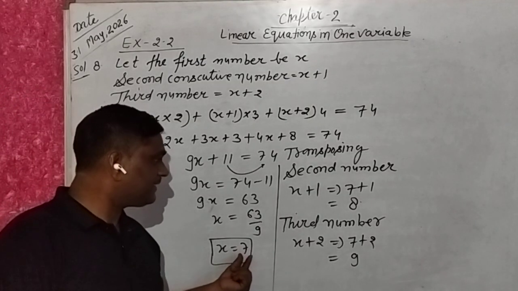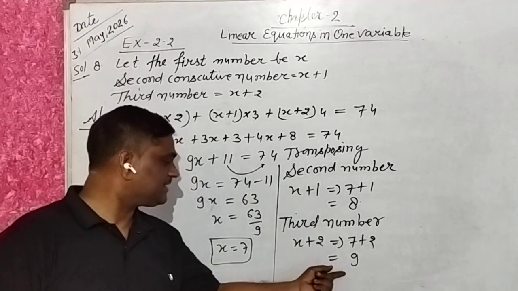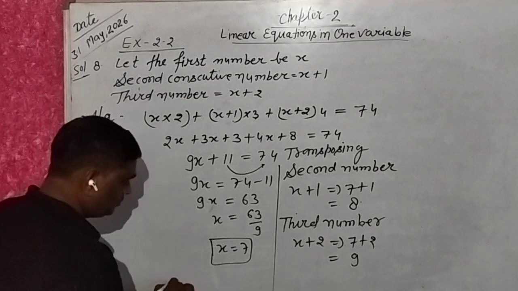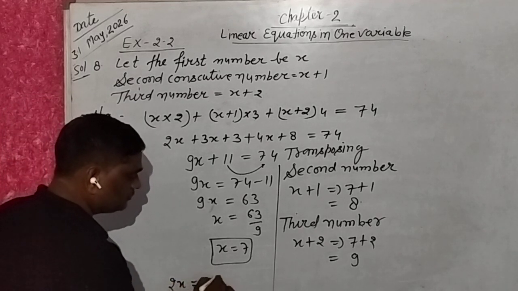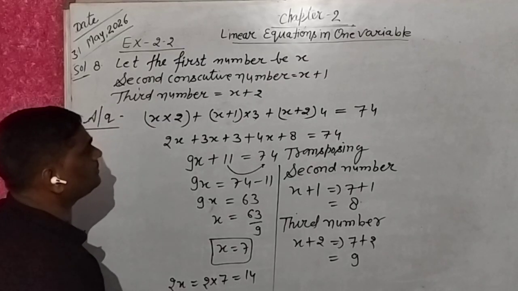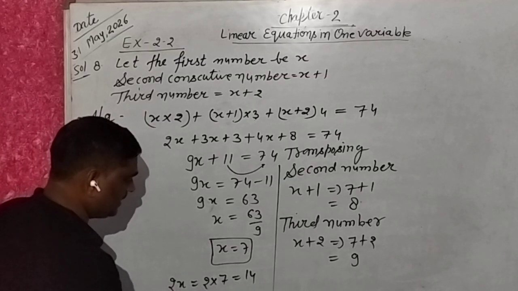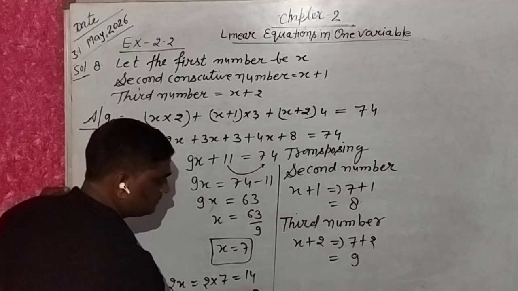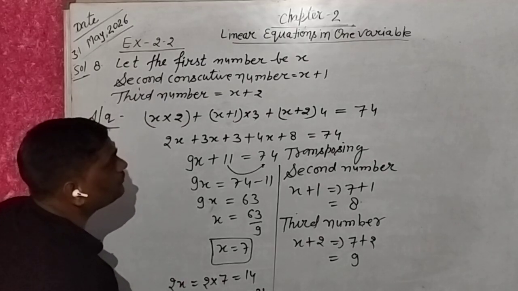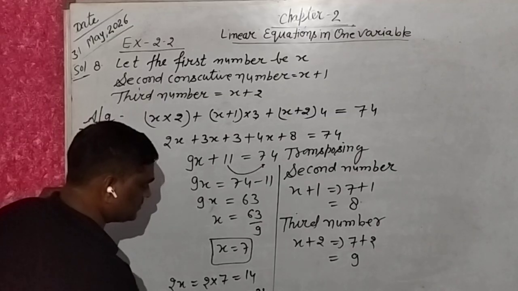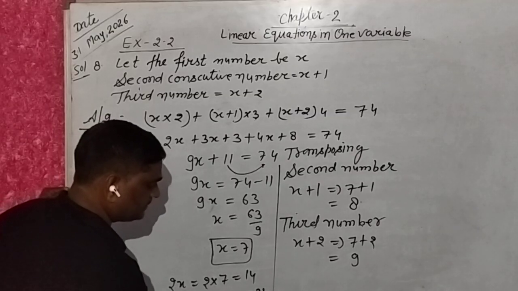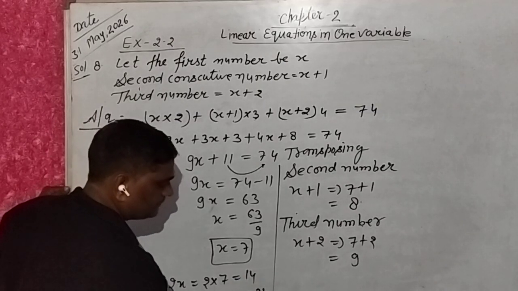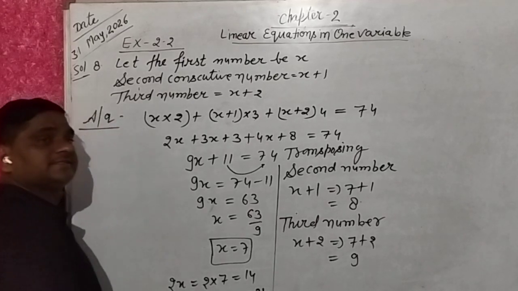If you add 7, 8 and 9, you get 24. But with the multipliers: 2x is 2 into 7, 14. 3x plus 3 is 3 into 7 plus 3, 21 and 3, 24. 4x plus 8 is 4 into 7 plus 8, 28 plus 8, 36. If you add 14, 24 and 36, you get 74.